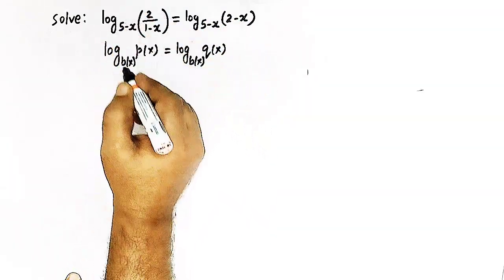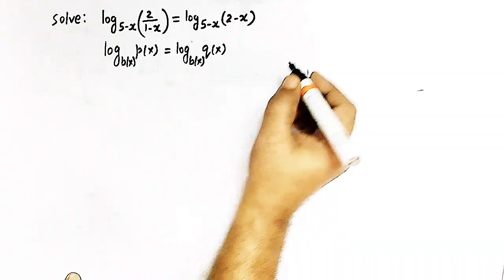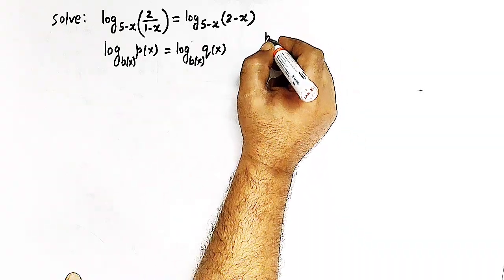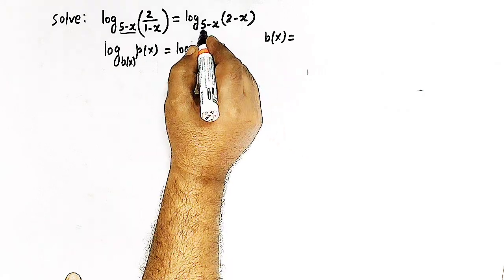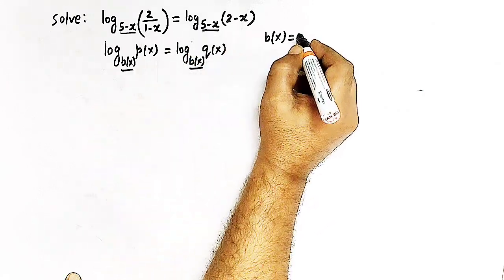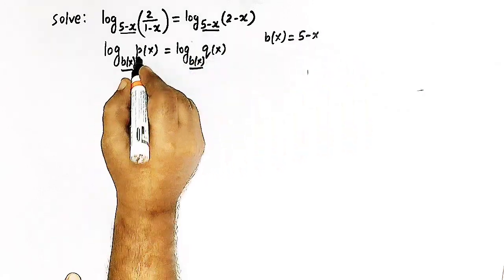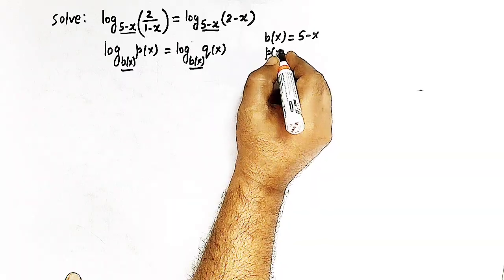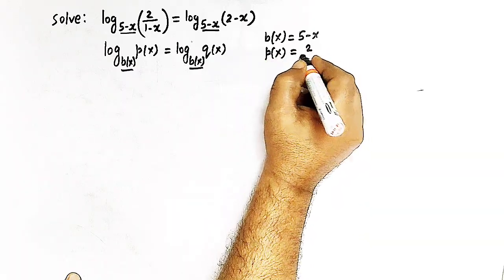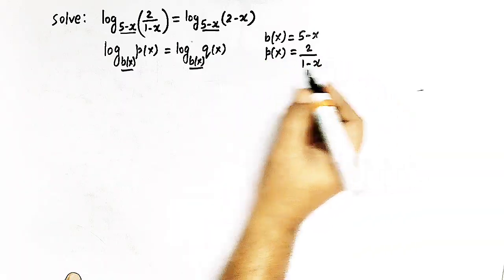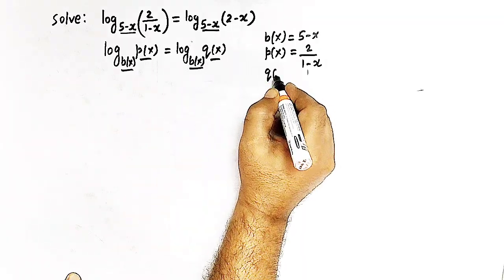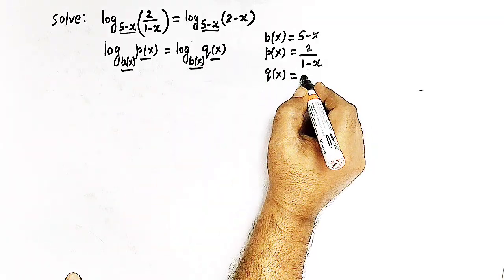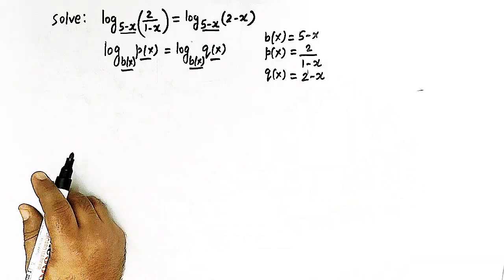Now if we compare both these equations, then we get the base, that is b of x, is 5 minus x, and here we have p of x is equal to 2 over 1 minus x, and q of x is equal to 2 minus x, right?